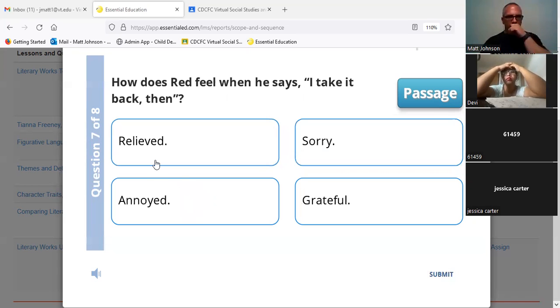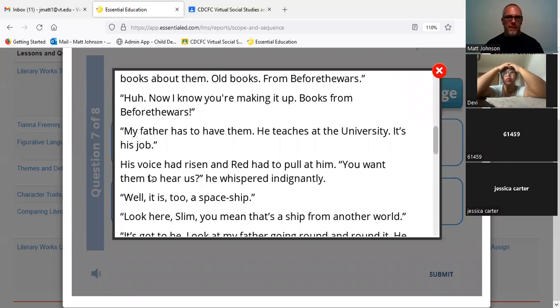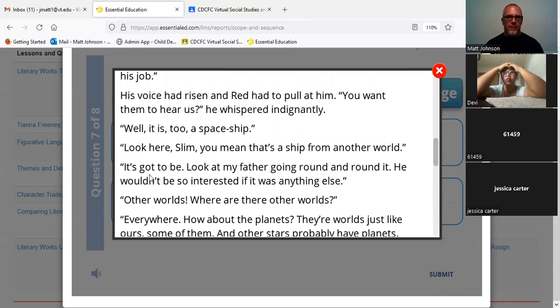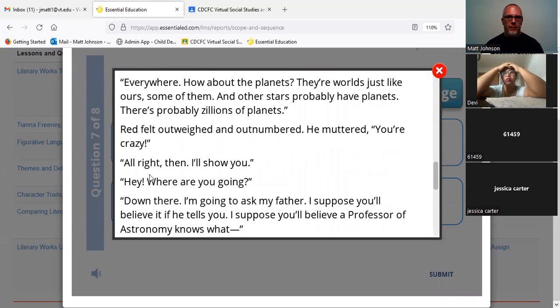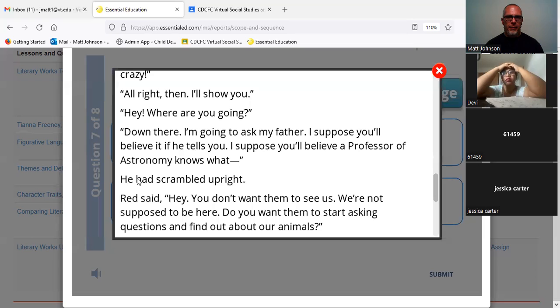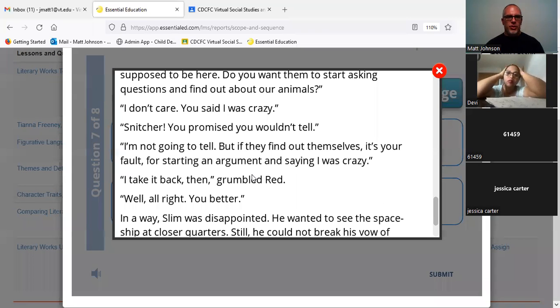And how does Red feel when he says, "I take it back then"? Let's actually find that. Okay, here it is. Just reading a little before and after. Maybe we go back up here.